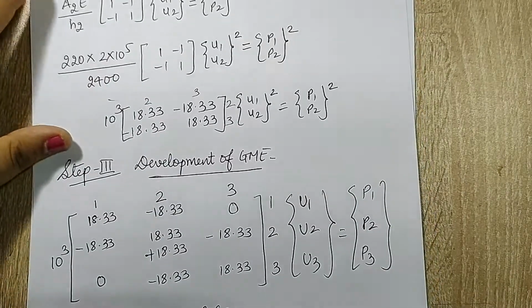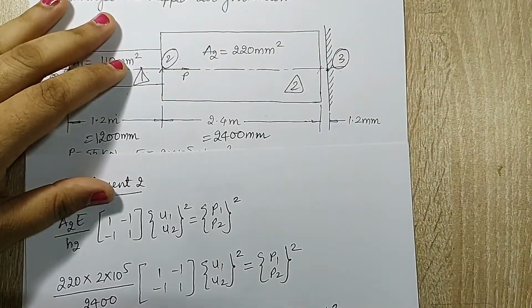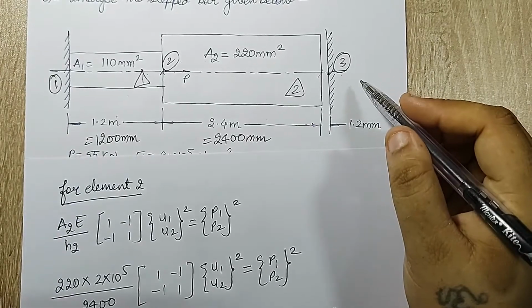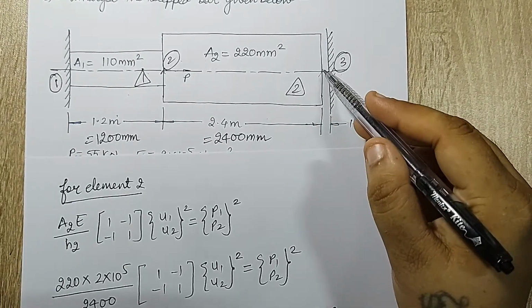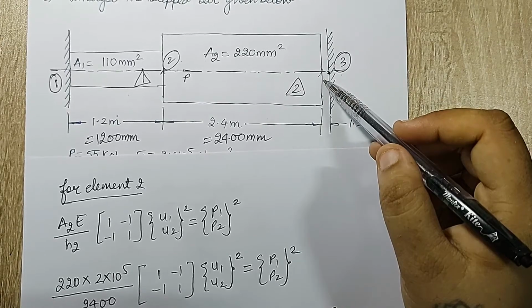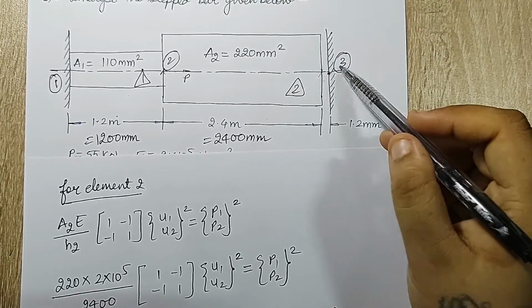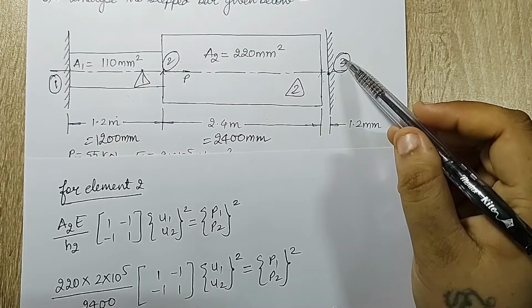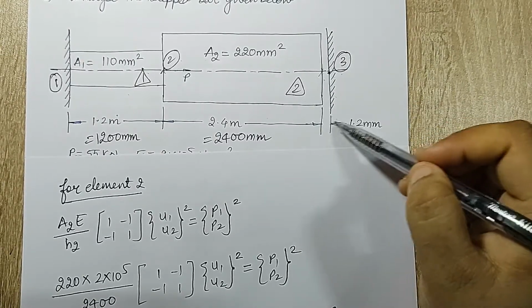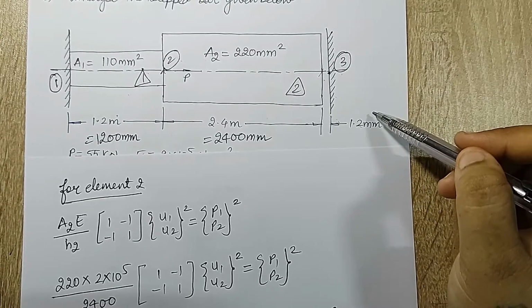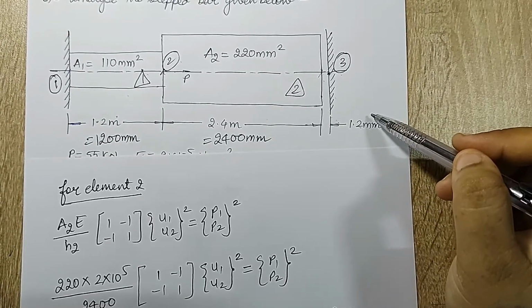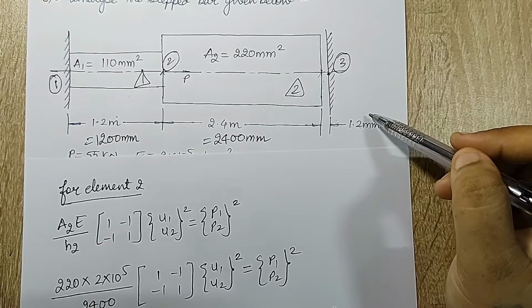Now if you look at the figure, directly do not jump into the conclusion that node 3 is fixed, because this is the displacement which will happen for this node 3, because this much portion will be covered up. So I can say that the displacement of node 3 is known to me, which is 1.2 mm. Once this displacement takes place, only then P3 will come into picture. Otherwise, P3 is not there right now.